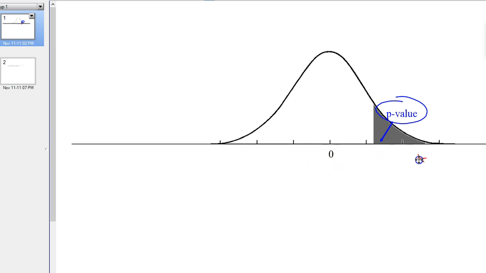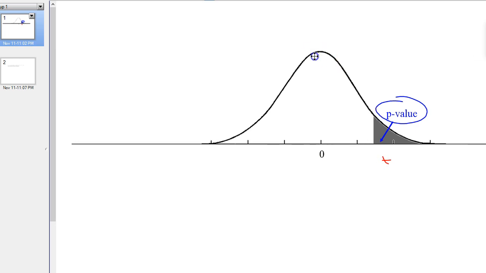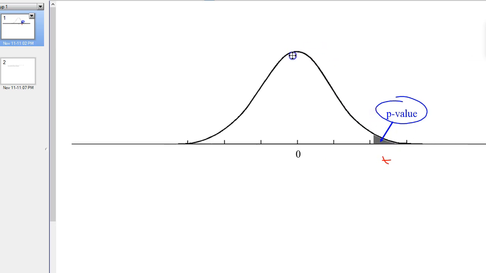But when it gets far away from 0, that means that the area to the right of that number is small, and this is no longer just a bad sample. It happens. We get samples with large numbers and small numbers. This is now starting to be so far away that the only conclusion that's feasible is that this number is not in the right place.